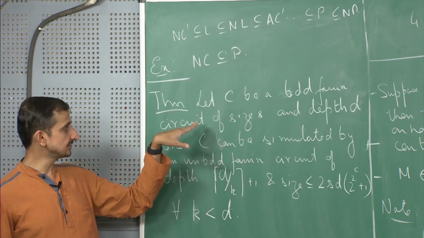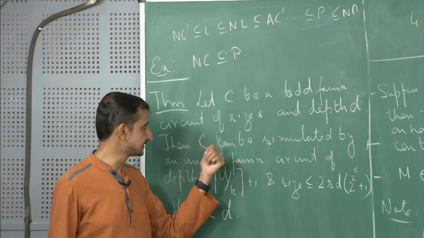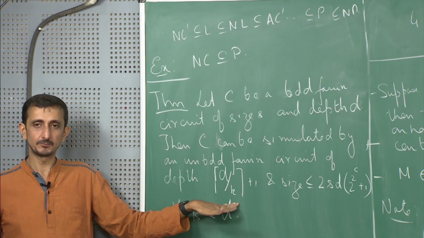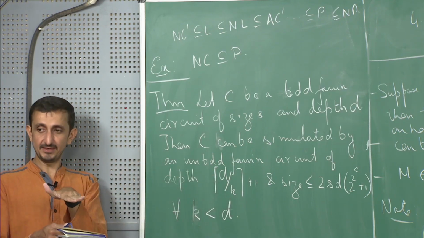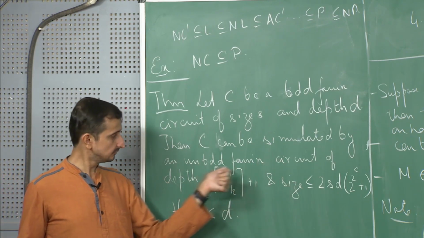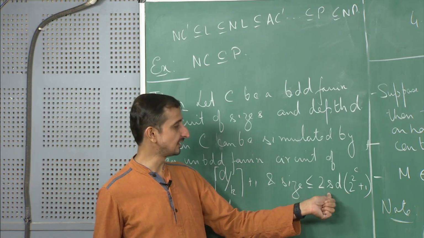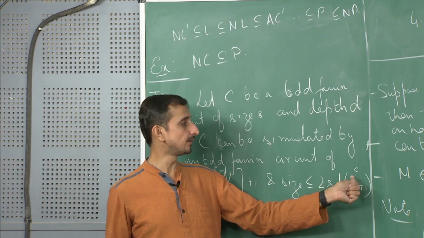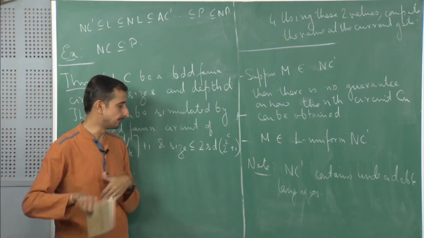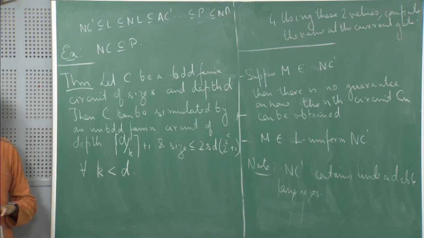Given a bounded fan-in circuit of depth D and size S, I can reduce the depth by a factor of K, from D to D by K. But there is a blow up: the fan-in can now be unbounded, and the size becomes S into D into 2 to the power 2 to the power K. It is doubly exponential in K, but if I choose K carefully, then it might still work for us.